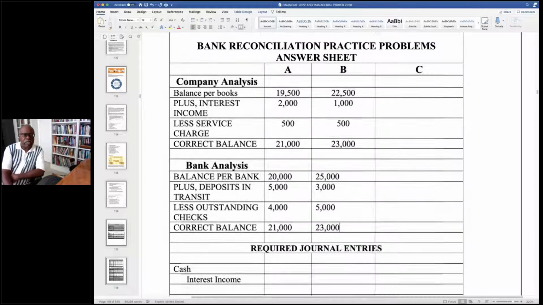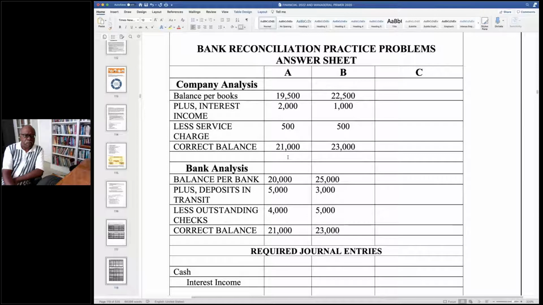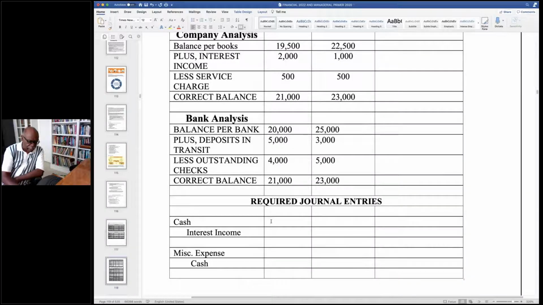One other thing that we have to do, and I'm going to let you work on your own. These journal entries have not been made. When the bank tells us we have cash of $2,000, we make a journal entry: debit cash 2,000 and credit interest income 2,000.